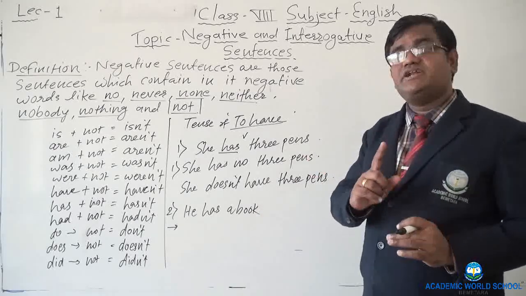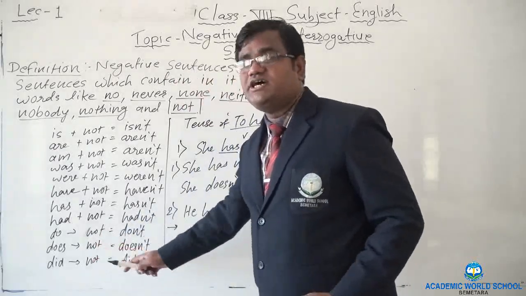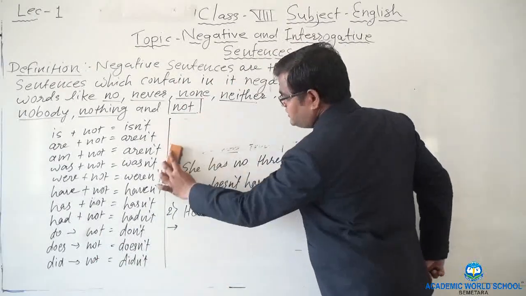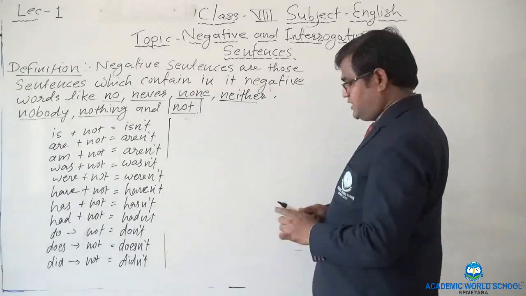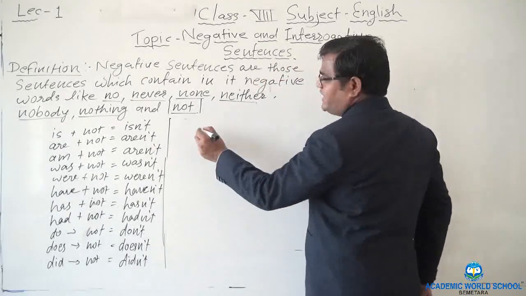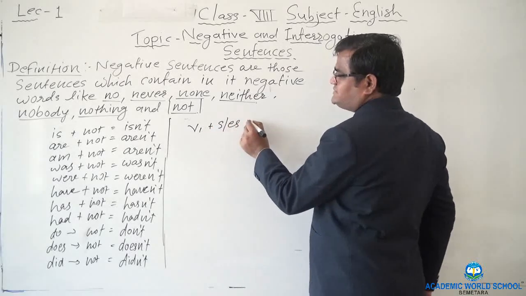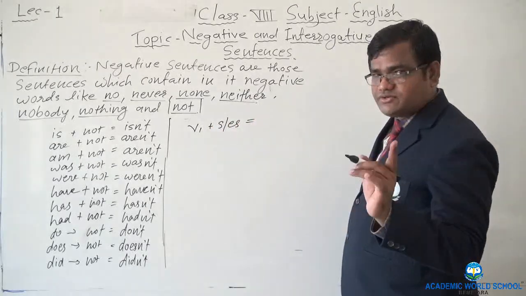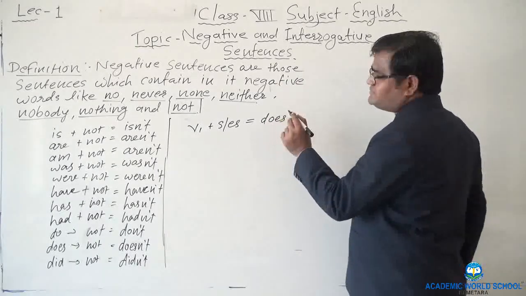The difficulty mostly students face is with do, does and did. In do, does and did, just remember, never forget, if you find the first form of the verb with s or es, then for the helping verb you will use does.